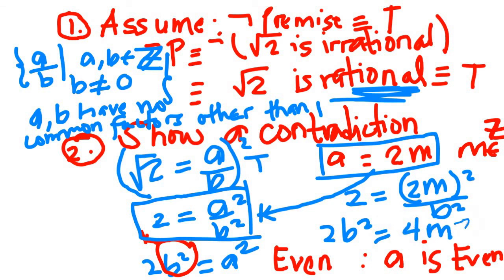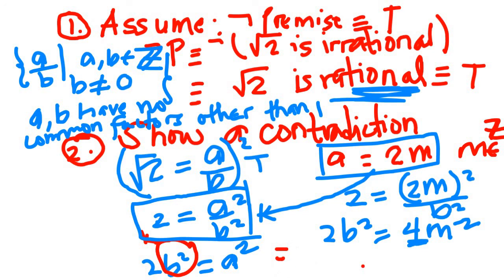So we end up with twice b squared equals 4m squared. From this, we could factor out the 2 from 4, so let's just cancel the 2 in this case.